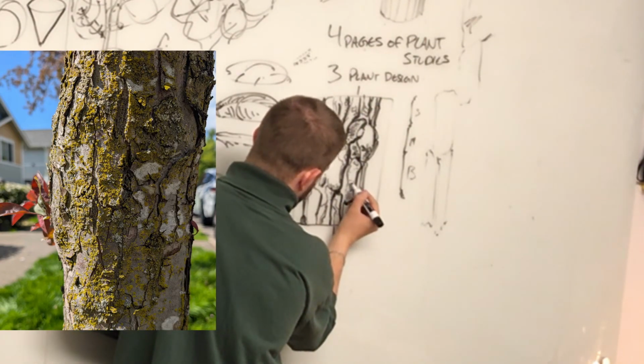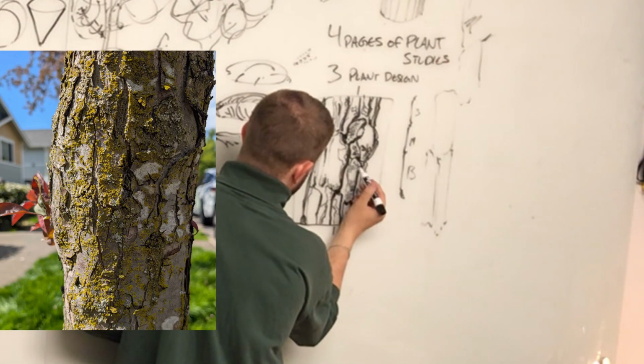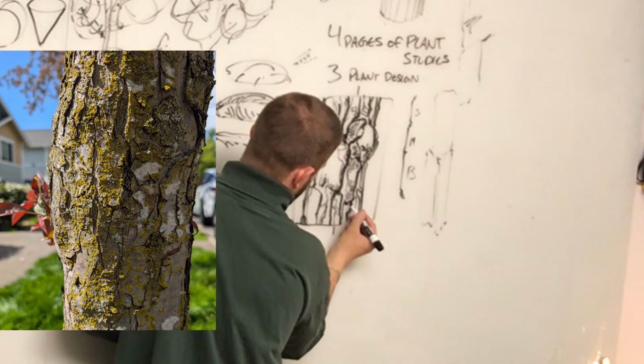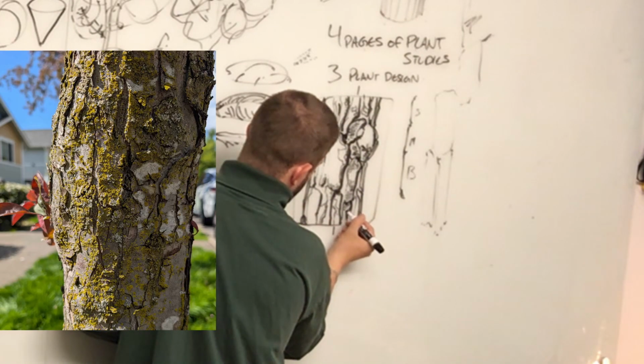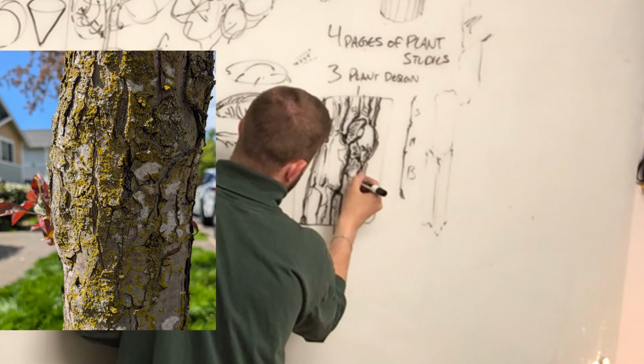It's going to be much darker, the hatching in between these pieces of bark, because it's lower, way down in the form shadow down in there. So I'm going to use a bigger hatching in there.